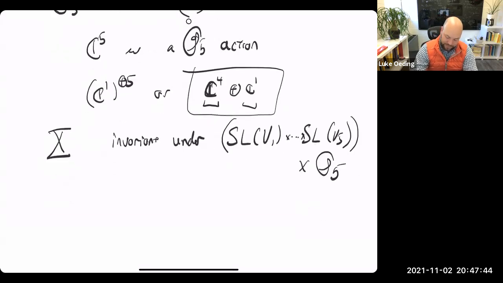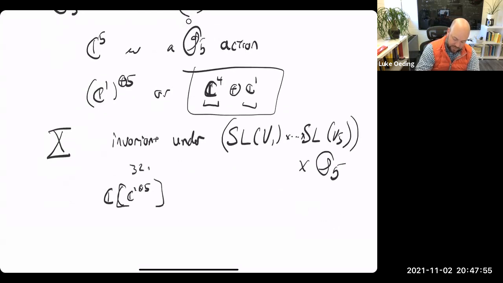So think about what we did. I mean, we're looking at degree 4 C of C2 tensor to the 5th. So these are 32 variables.